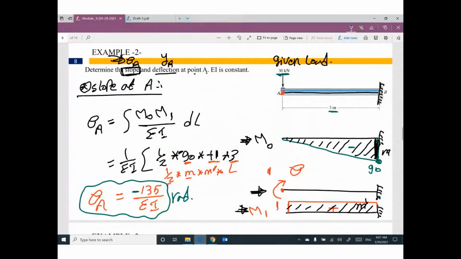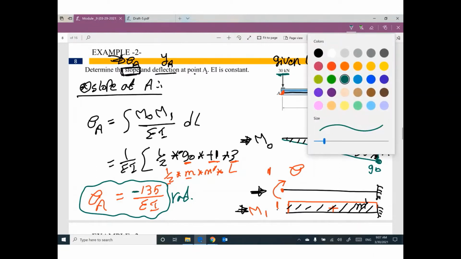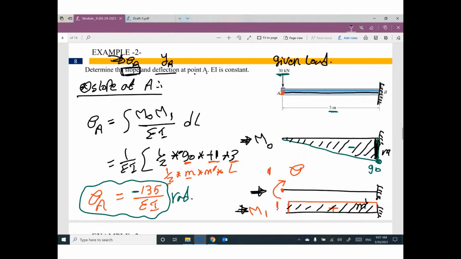Guys, a positive or negative answer means you assumed the correct or wrong direction. Negative 135 means opposite to your assumption. So what did you assume?